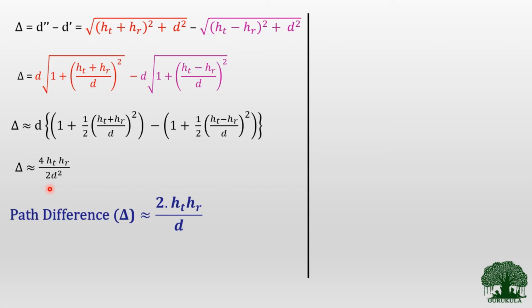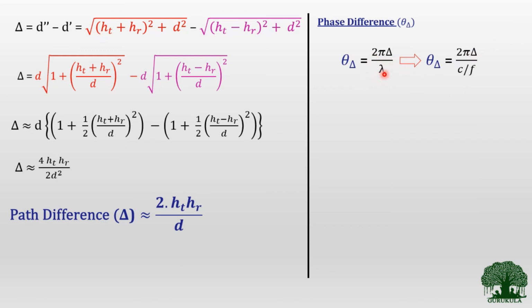So now let us march forward and try to find out what the phase difference will be. The phase difference is represented by the term theta delta. So theta delta is given by 2 pi delta divided by lambda, which can also be represented like this: 2 pi delta divided by c by f, where c by f is nothing but the value of lambda.